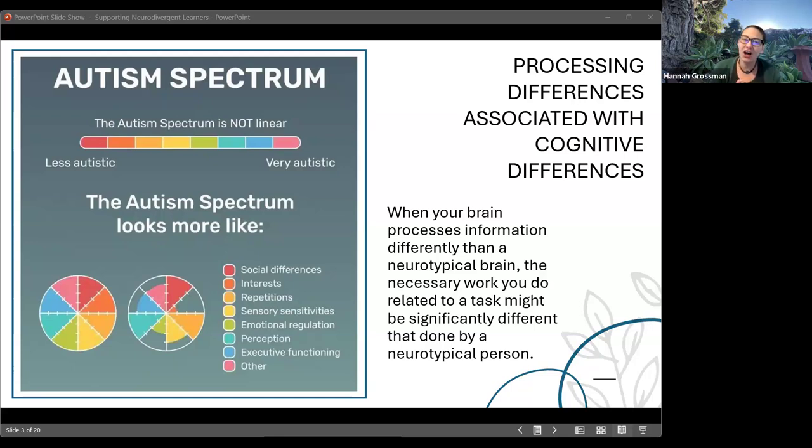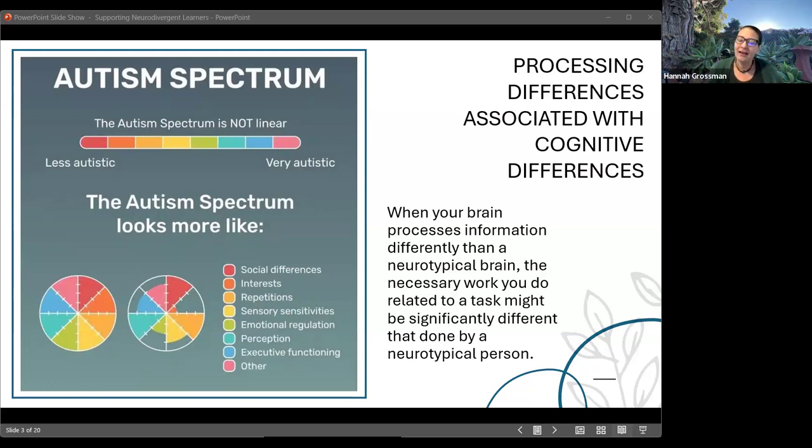The idea of an autism spectrum is a little bit misleading. It suggests that there's one side of a line and another side of a line, and people are all inside that one line if they're autistic people, if they have autism spectrum processing differences.